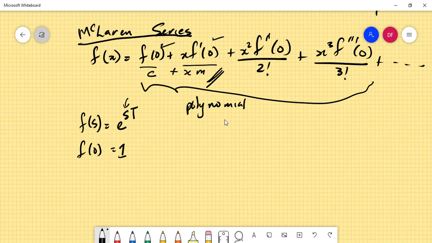And then f prime of s is going to be s e to the st. So f prime of 0, when I plug in 0, is going to be 0. But I'm supposed to get 1. What am I doing wrong here?